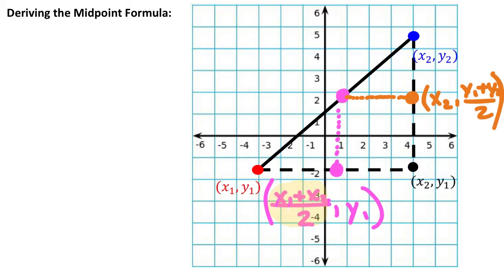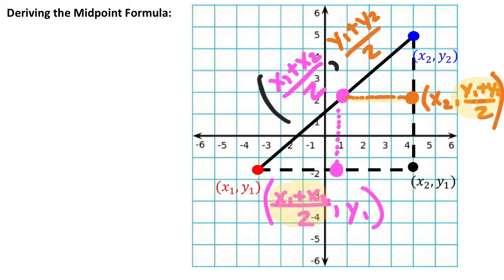So my x coordinate of the midpoint would be x1 plus x2 over 2, comma, the y coordinate would be the y coordinate of this length over here because it's straight across. So it would be y1 plus y2 all over 2.